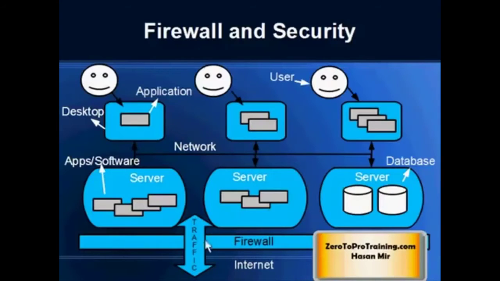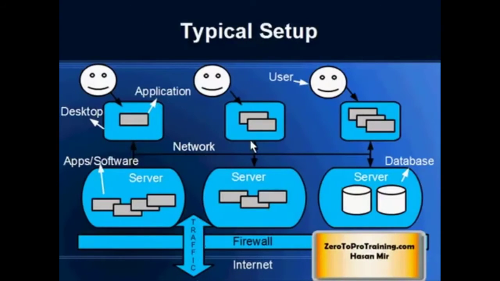So here the point is, traffic does flow between the company and the internet through the firewall in a secured manner. So in this video you have seen a typical IT infrastructure setup in a company, and this will become the basis for my other videos in which I'll talk about the IT job roles.